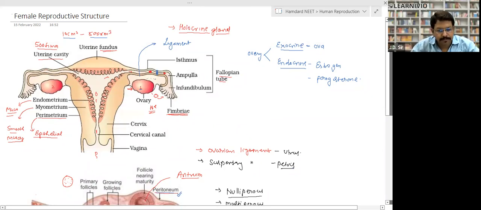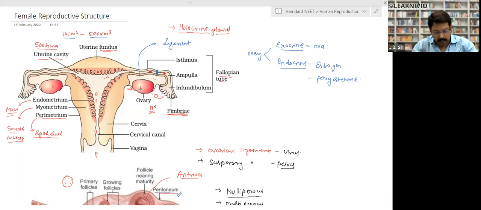Fallopian tube is about 10 to 12 centimeter long muscular tube. Full stop.